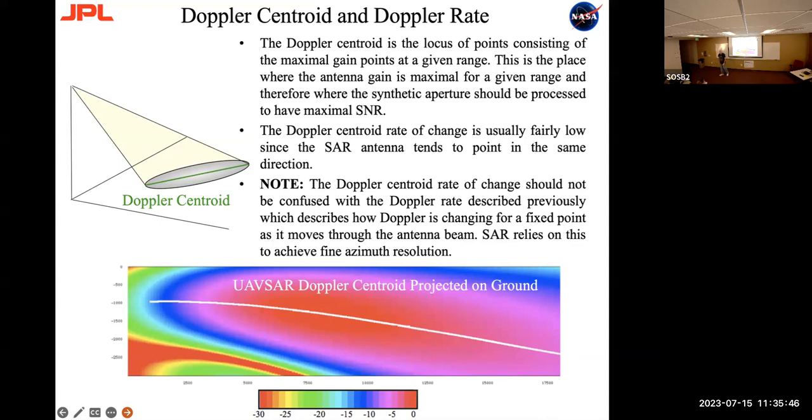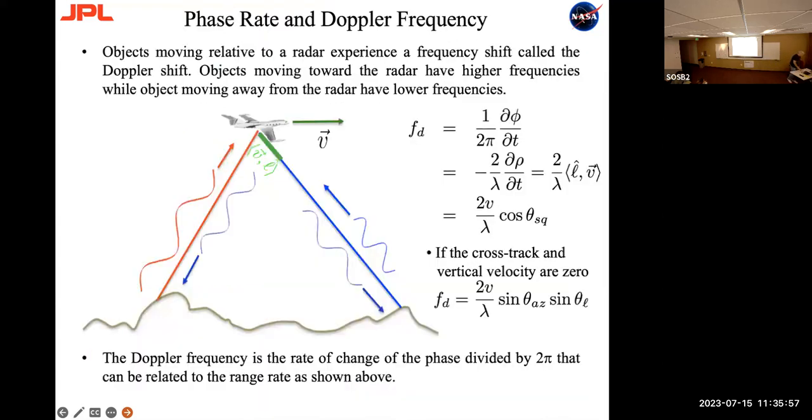To make that point very clear, let's go back to our Doppler formula, and remember a little bit about dot products. Suppose I'm flying and I'm pointing my beam perfectly perpendicular to my flight path. What's my Doppler centroid?